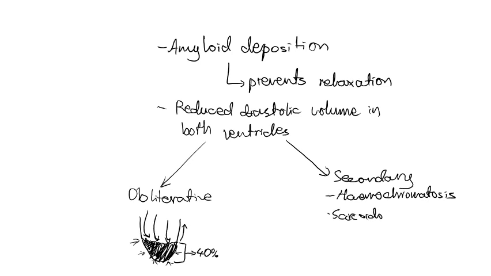Once again, as we've seen previously, amyloidosis can cause this condition. And scleroderma. So these are the two types of restrictive cardiomyopathy.